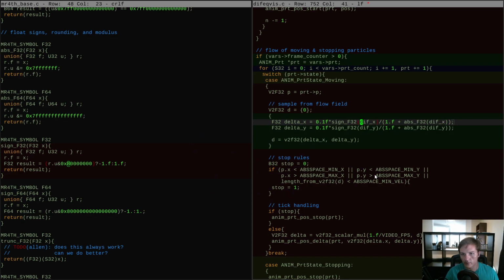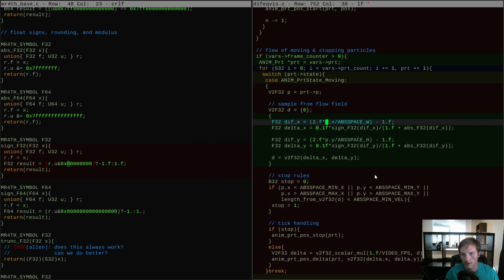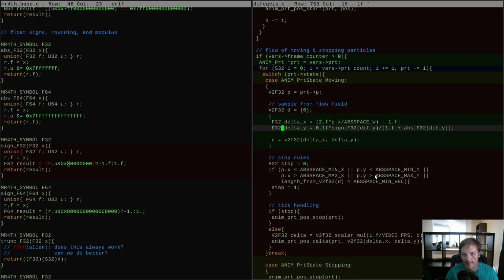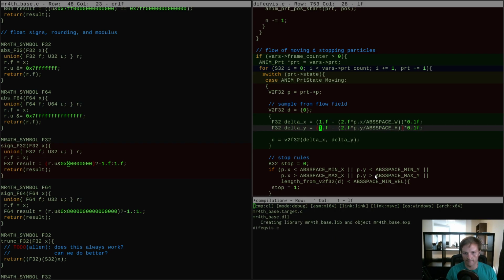Let's back this up to delta x equals this, delta y equals this, flip the signs, set the speeds, and then we want to avoid this on-screen density from getting so high so that we can actually see the flow effect still.